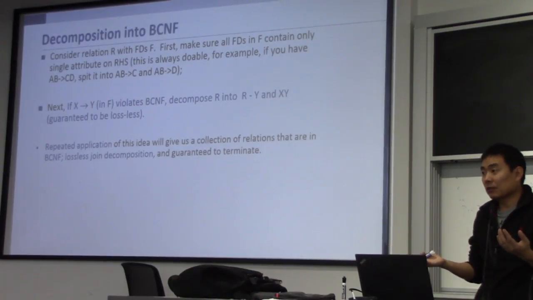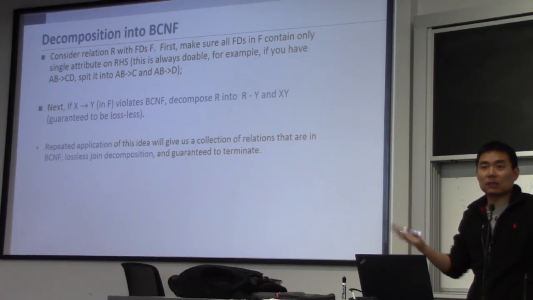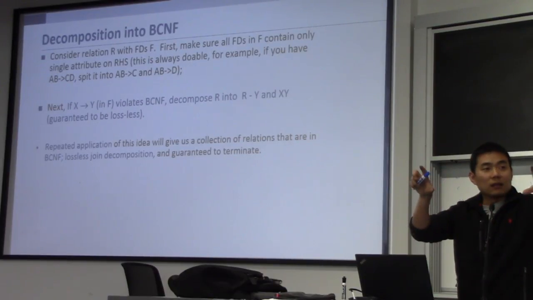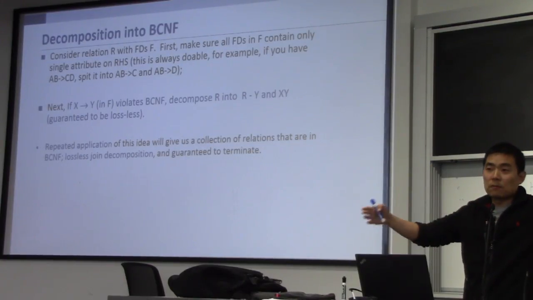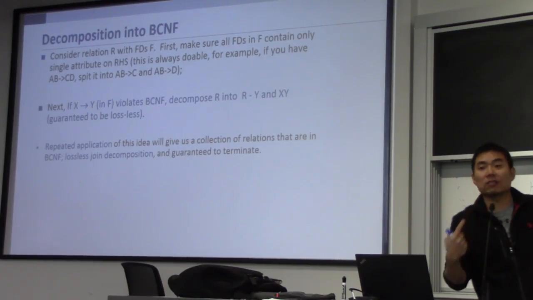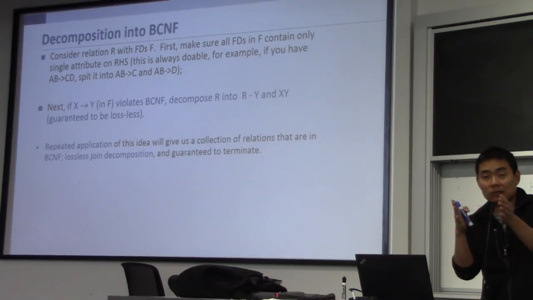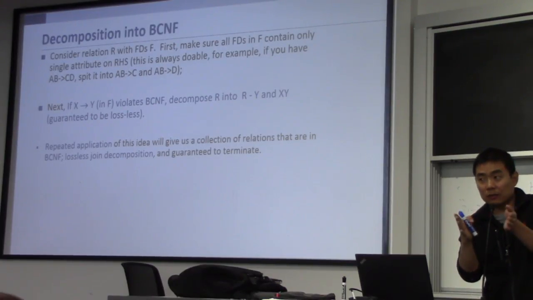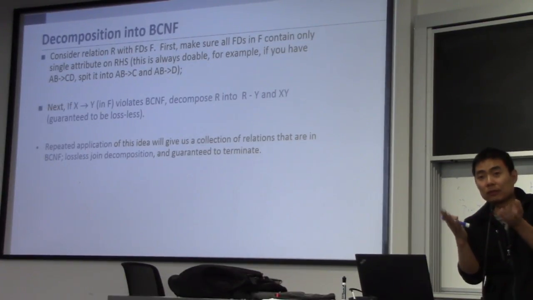The question is, how do we do that? How do we do the decomposition such that the input schema that's not in BCNF will be decomposed into a set of smaller schemas that each is in BCNF? And we want to make sure the decomposition is lossless join and dependency preserving. Is there such an algorithm?